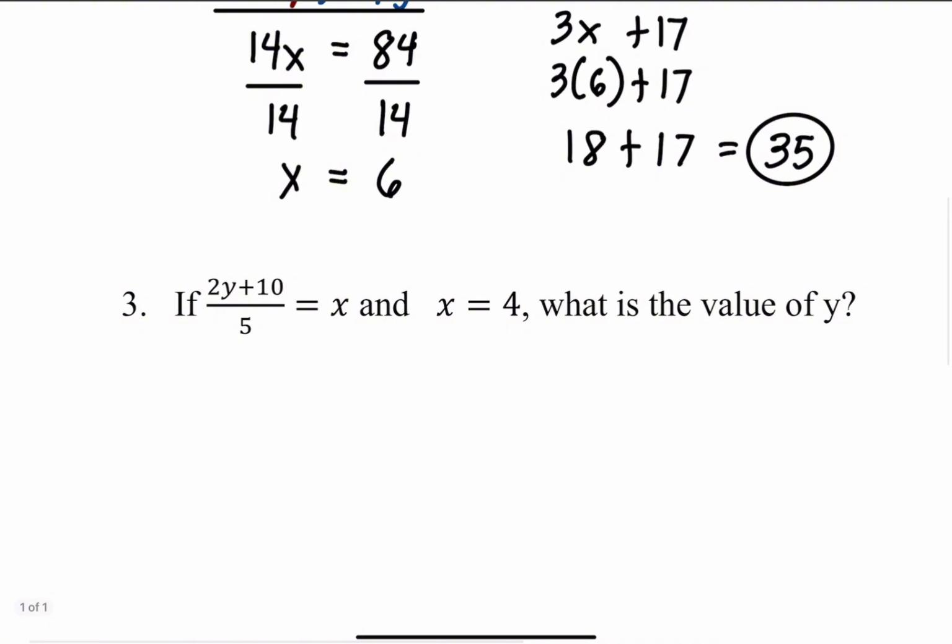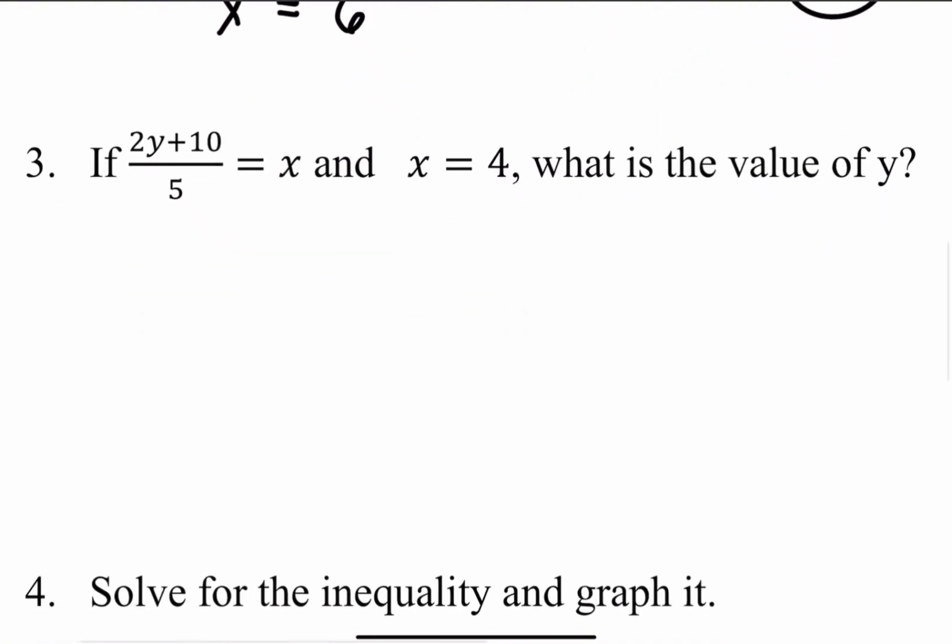Next, for number 3. If (2y plus 10) over 5 is equal to x, and x is equal to 4, what is the value of y? So first, since x is equal to 4 is already given, we can substitute 4 here in our equation.